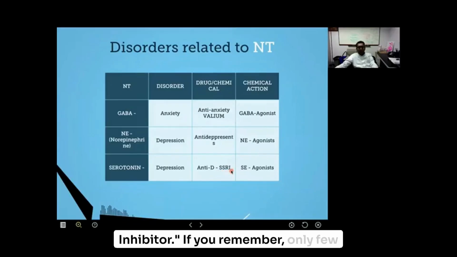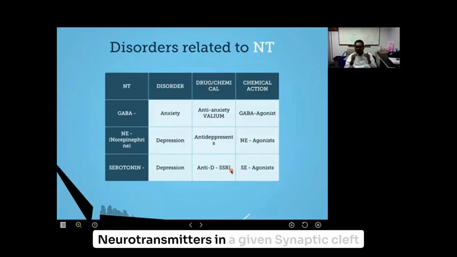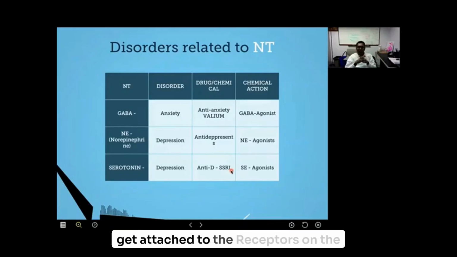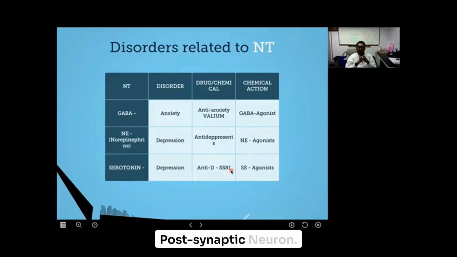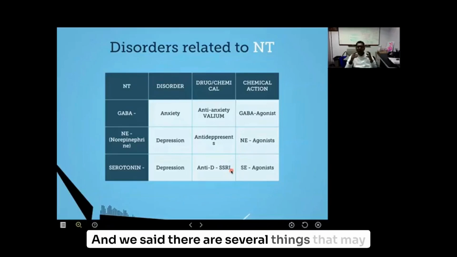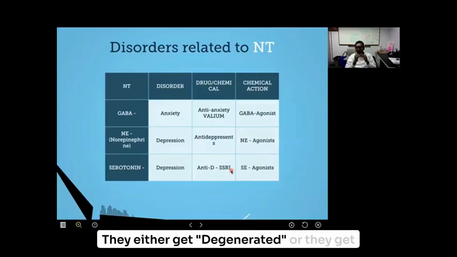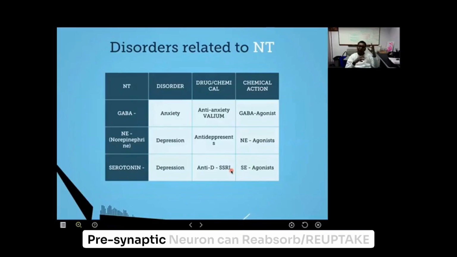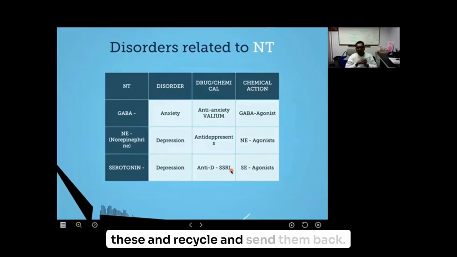If you remember, only a few neurotransmitters in a given synaptic cleft get attached to the receptors on the postsynaptic neuron. And we said there are several things that may happen to the remaining neurotransmitters. They either get degenerated, or they get deactivated, or they just move away. Or one of the things we discussed was the presynaptic neuron can reuptake or reabsorb them, recycle them and send them back.